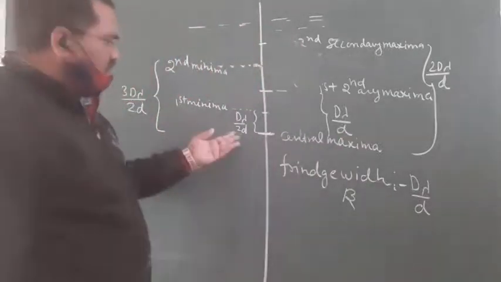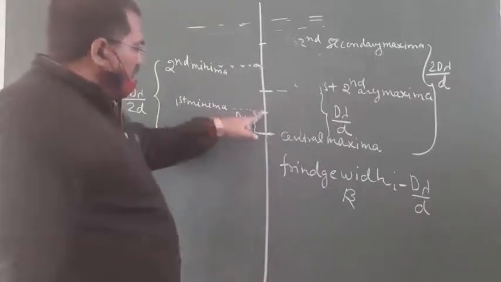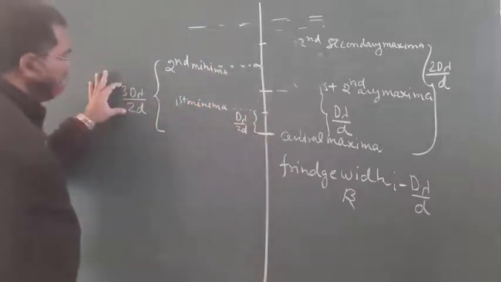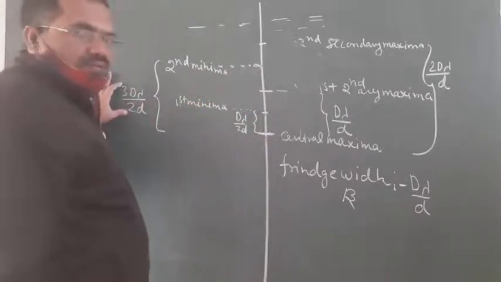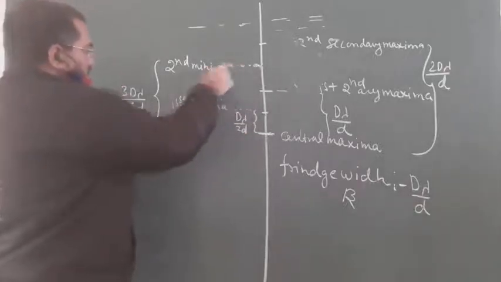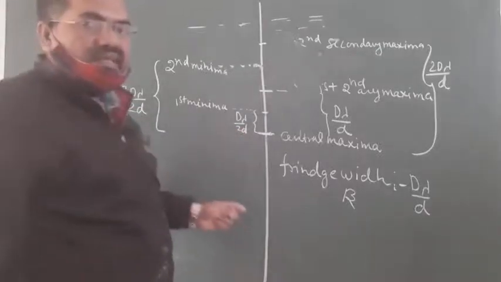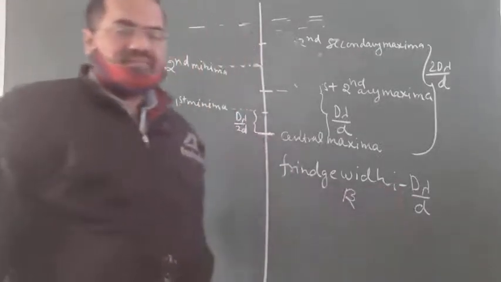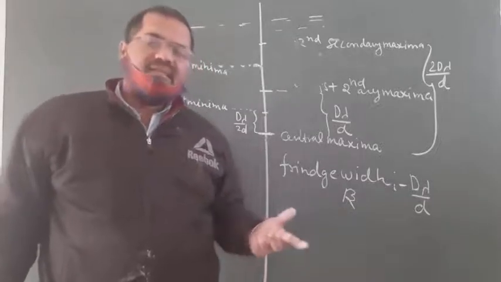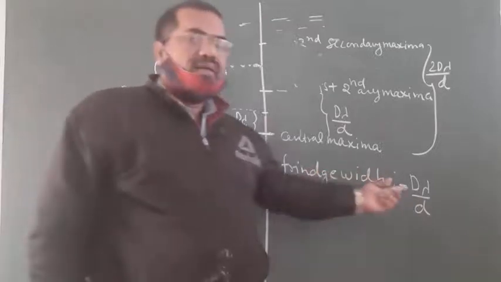First minima is obtained at d lambda by 2d and second minima at 3d lambda by 2d, so the distance between them, 3d lambda by 2d minus d lambda by 2d, is still d lambda by d.